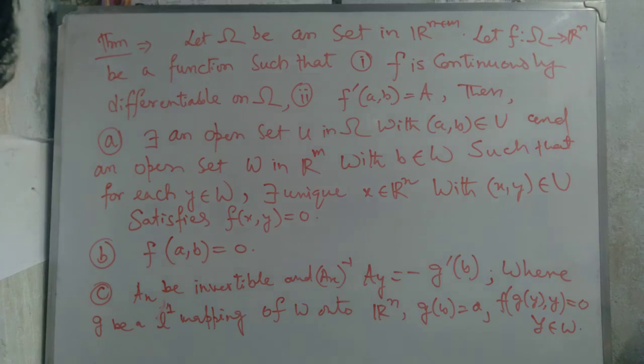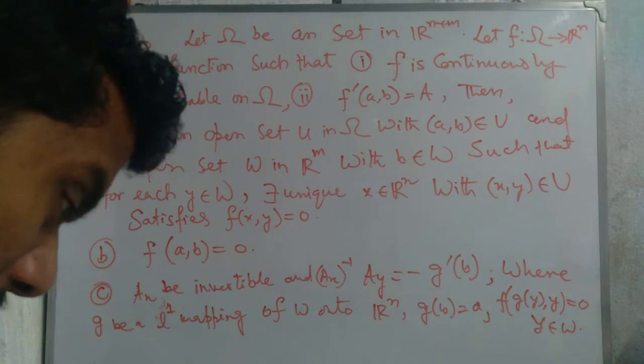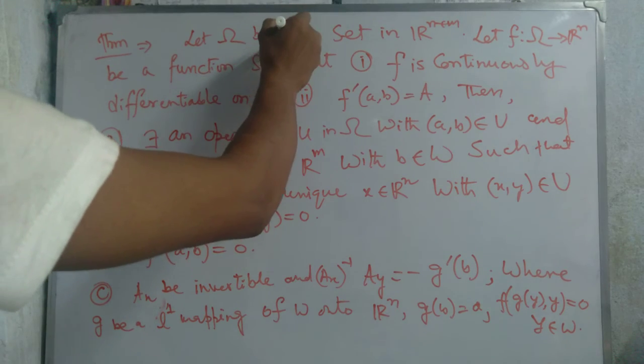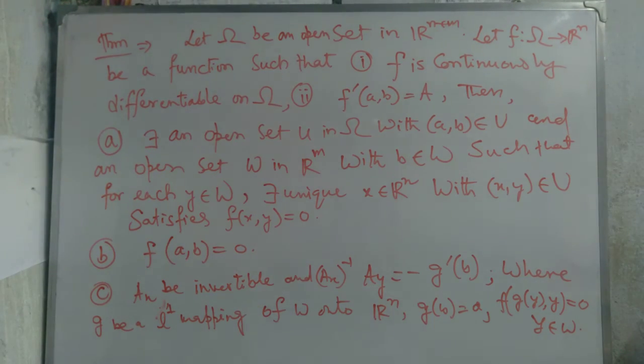Okay, we now prove this theorem. Let omega be an open set in R^(n+m), and f from omega to Rn be a function such that f is continuously differentiable on omega and f dash (a, b) equal to A. Then there exists an open set U in omega with (a, b) belongs to U and an open set W in Rm with b belongs to W such that for each y belongs to W there exists a unique x belongs to Rn with (x, y) belongs to U satisfying f(x, y) equal to 0.